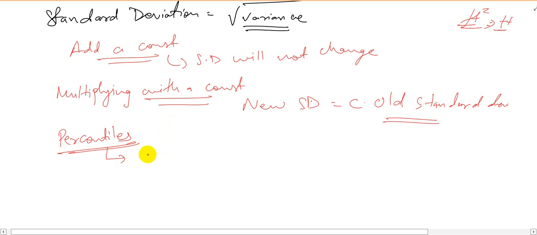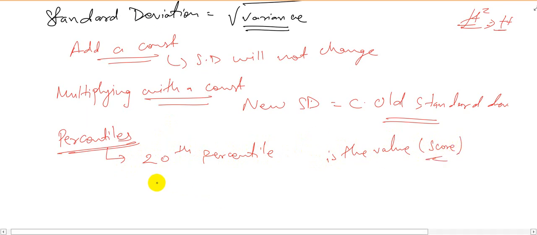So if we write that the 20th percentile is the value, or let us, for an example, say it is a score, then what we can conclude is that it's a value below which 20% of the observations fall.